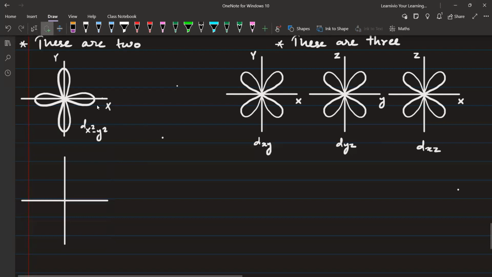In the dz square, there will be a lobe on the z-axis, and there will be a ring type of thing on the xy plane. This orbital is known as dz square.